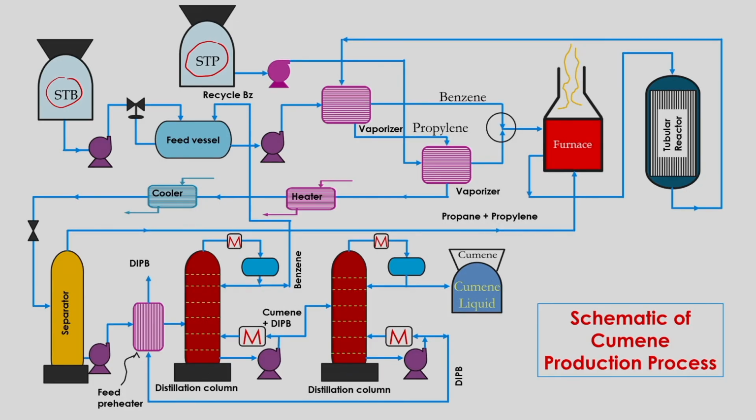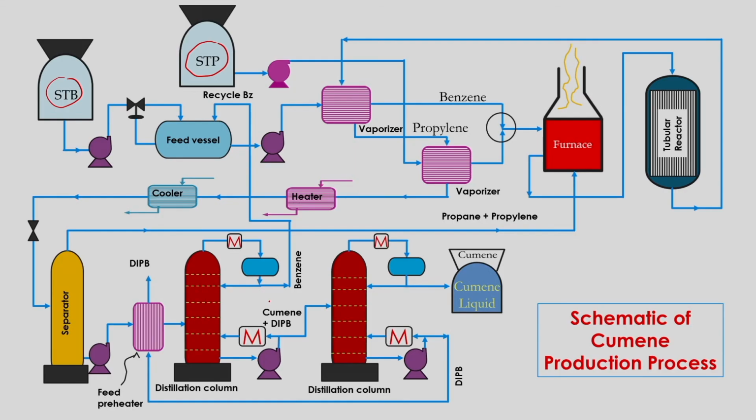To separate the propane and propylene, one flash drum is used as a separator, and the propane and propylene will be utilized for heating purposes in the furnace. The remaining benzene, DIPB and the main product cumene will be preheated and then sent to a distillation column, called the benzene distillation column, where the benzene stream will be separated from the mixture of benzene, cumene and DIPB.